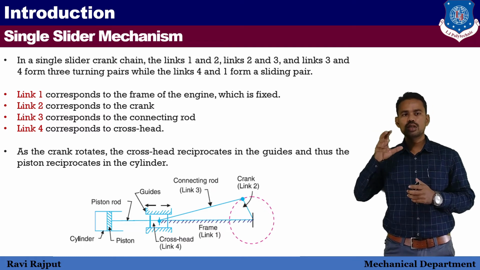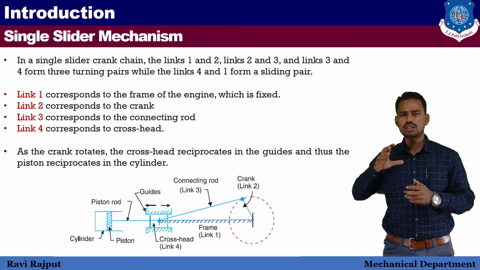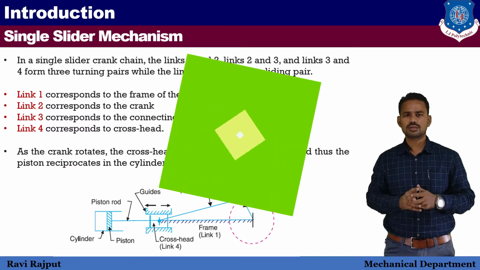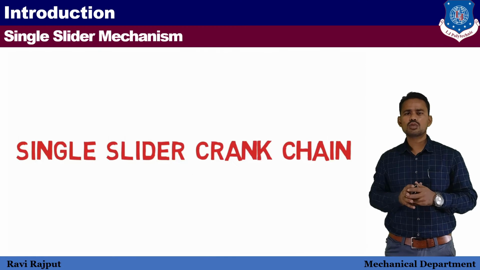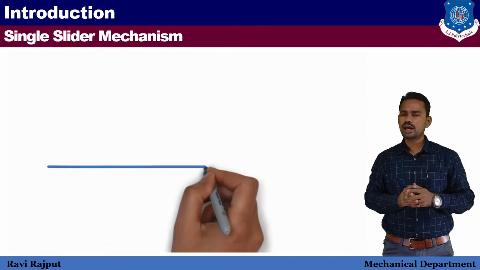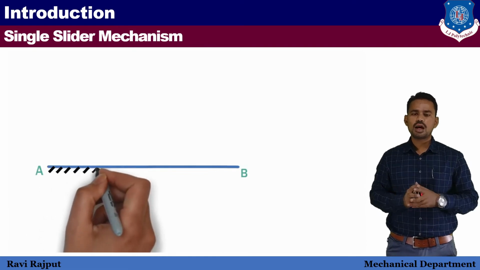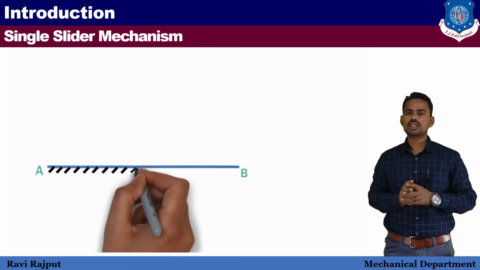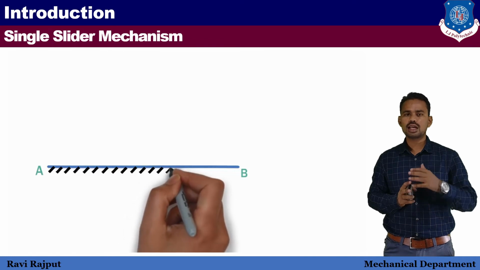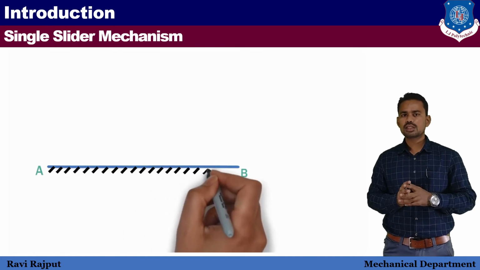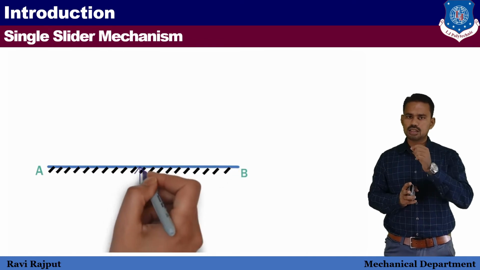So let's see how this mechanism works. In this video we will be understanding how this pair is formed and how it works. Here you can see a line AB which represents our frame, or we can say our fixed link. The fixed link is always shown by slashed lines.